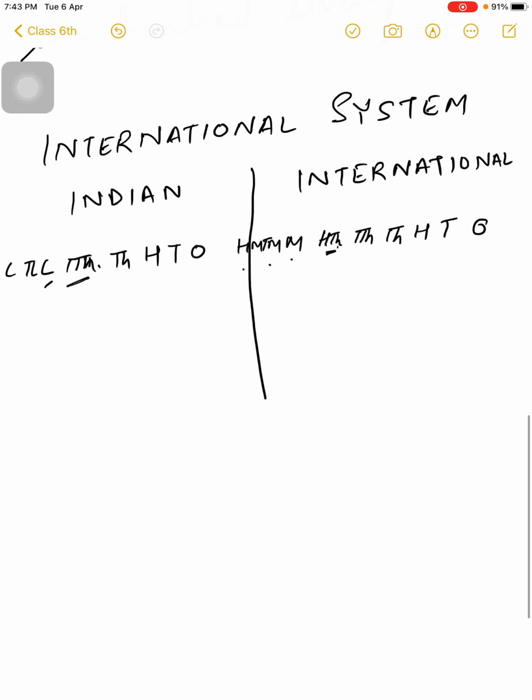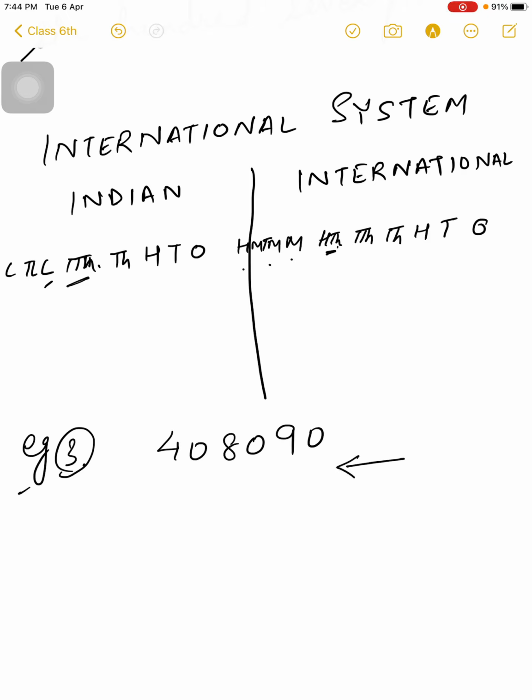Okay, so I am going to take example number 3. And what is the rule to put commas in the international system? From right to left, after every 3 digits you have to place a comma.